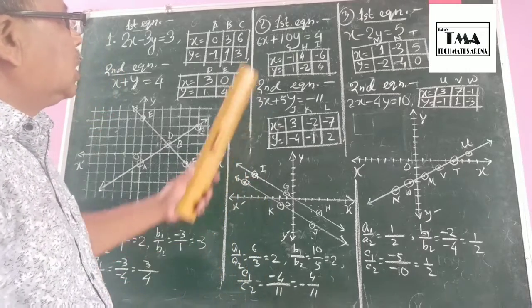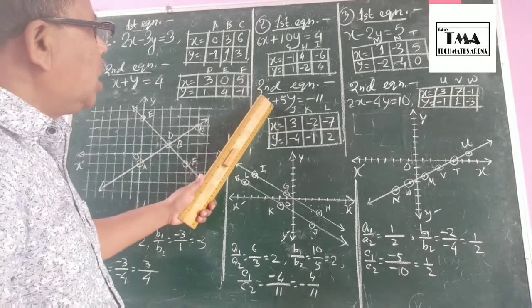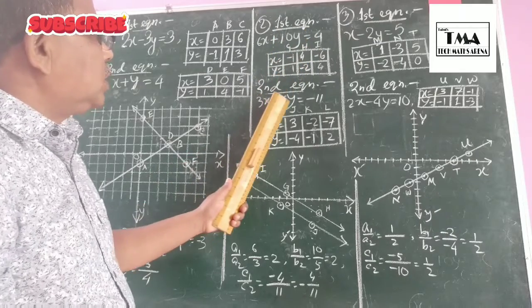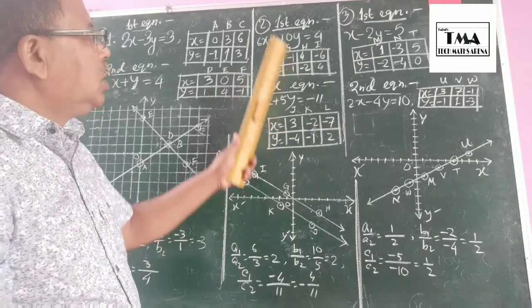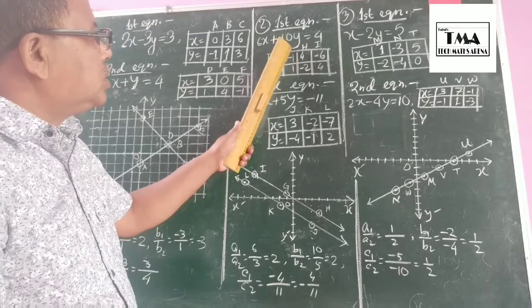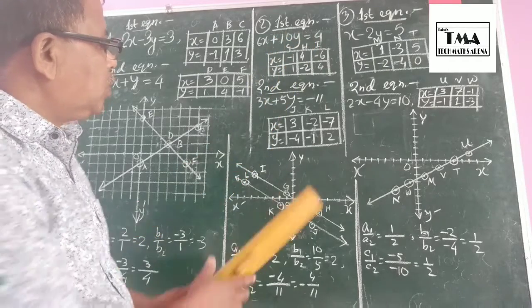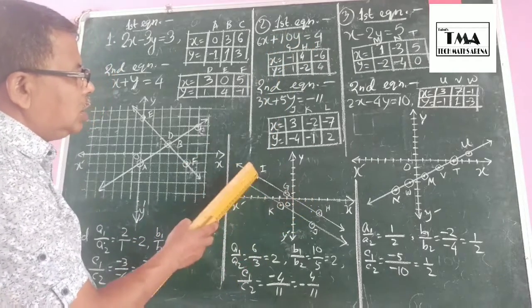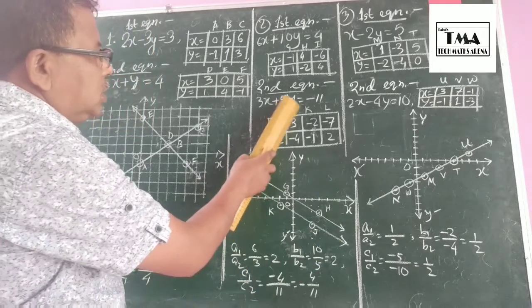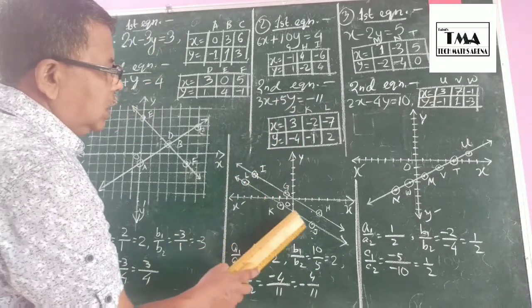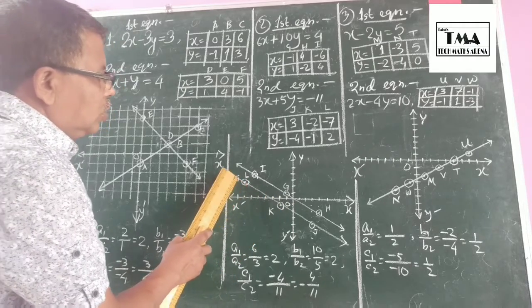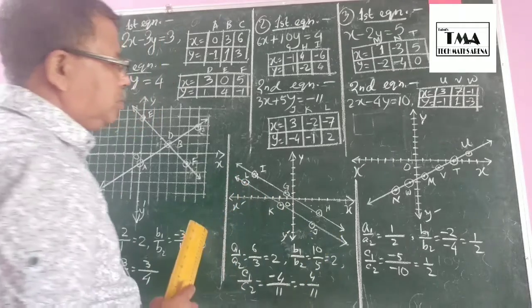Now, for the second pair of linear equations I have taken 6x plus 10y is equal to 4 and 3x plus 5y is equal to minus 11. From the first equation I take three coordinate pairs G, H and I, and plotting them I get this straight line, and plotting J, K, L, we get this straight line.